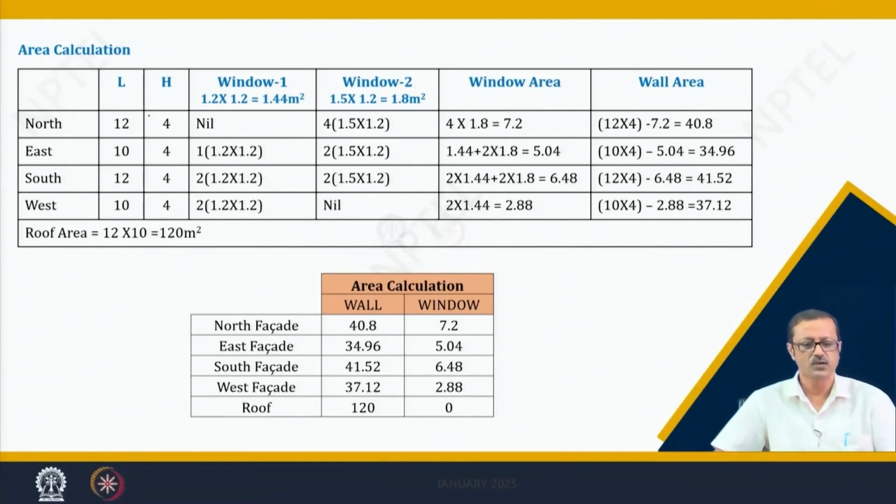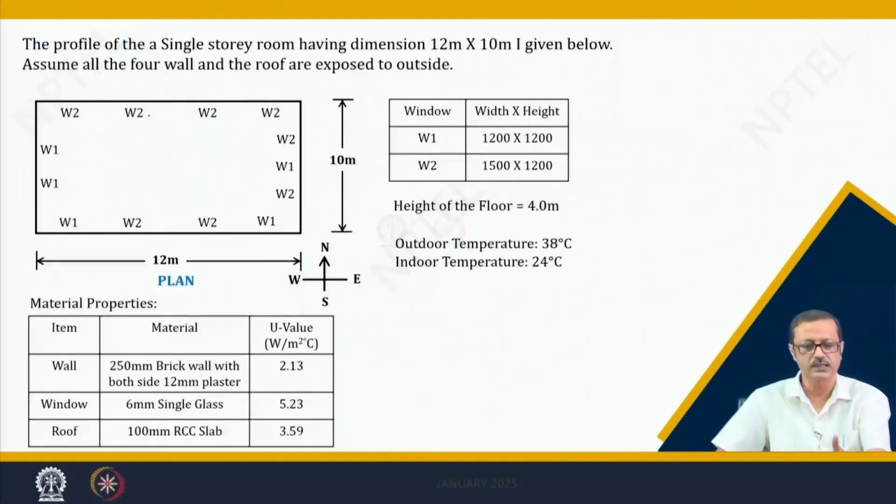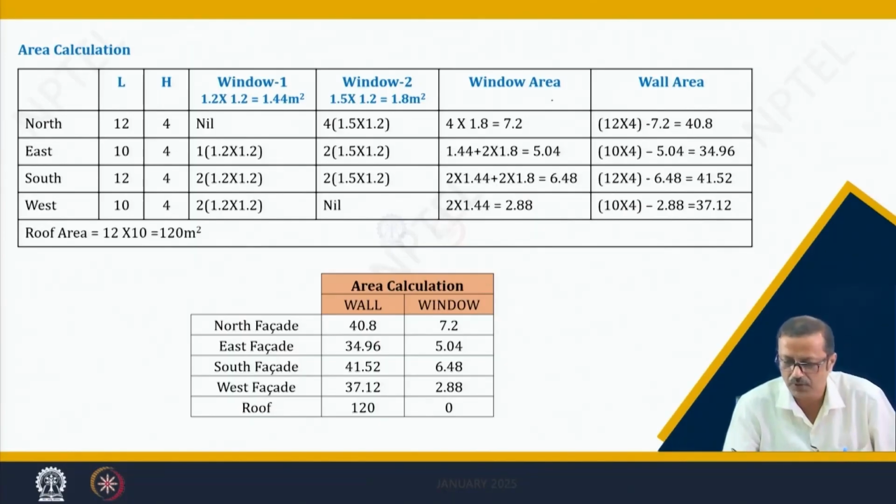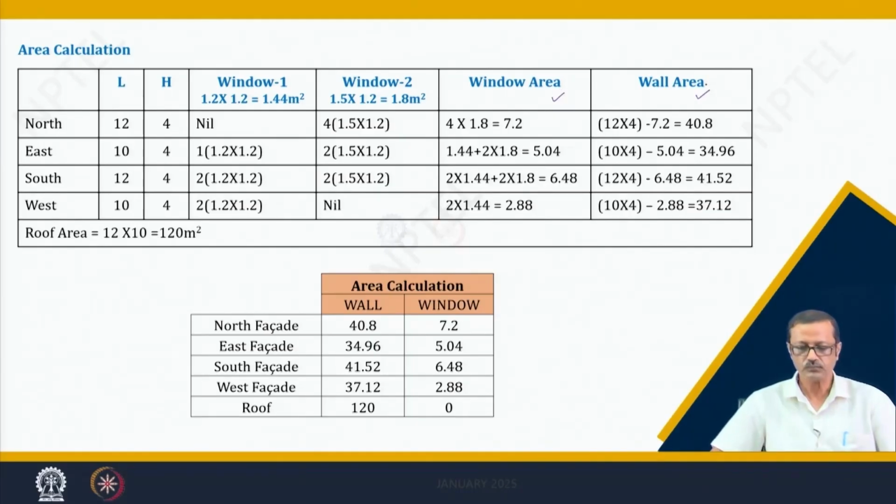If you see the north face, there is no W1, there are 4 W2. In this particular figure, there are 4 W2s in the north, and 2 W2 and 2 W1 in the south. So, like that these things are separated. Finally, what I came to know from this chart is the wall area and the window area, so I have written it down in another table.